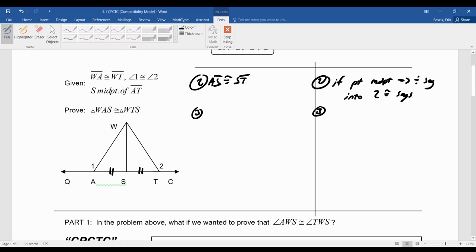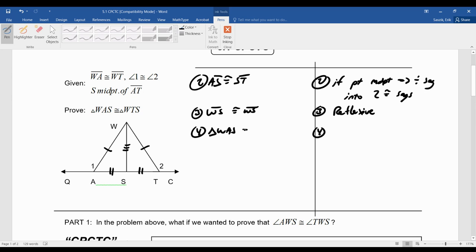And we were told that WA is congruent to WT, and then you have this reflexive piece. You could actually do this proof in just 4 steps. Now it's super simple, of course.